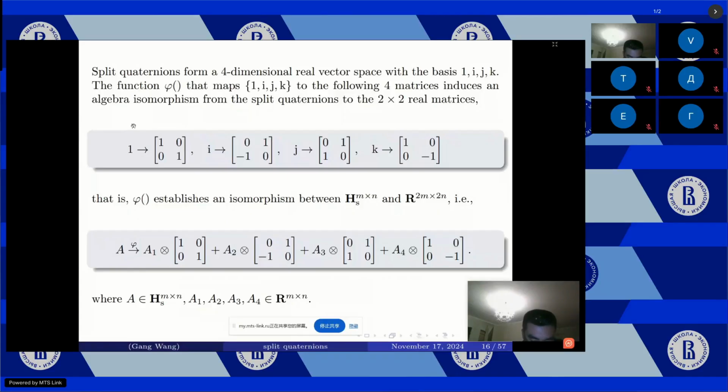This mapping creates an algebraic isomorphism between split quaternions and real matrices, establishing a one-to-one correspondence between split-quaternion matrices and real matrices. In other words, each split-quaternion matrix can be expressed as a linear combination of four basis matrices in the real matrix space.